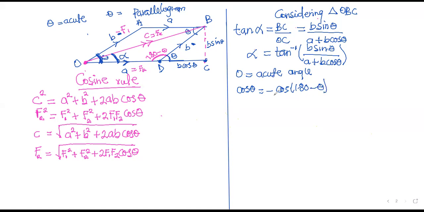Now, can somebody tell me why I have this negative sign here, instead of writing cos theta is equal to cos of 180 minus theta? Can somebody tell me why?